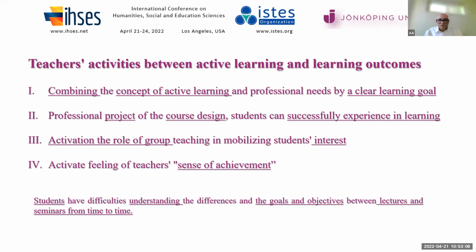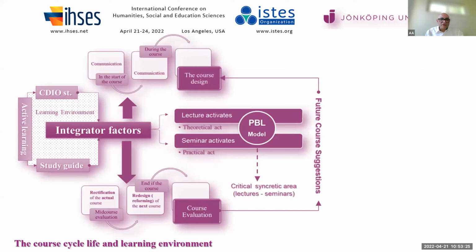All the time students have different understandings, and the goals and objectives between the lecture and the seminar keep changing. They are not clear and not constant, so from time to time they must be reviewed and reformed.